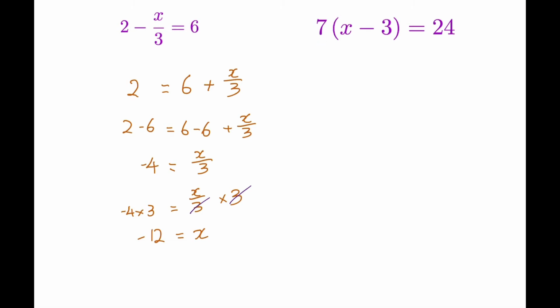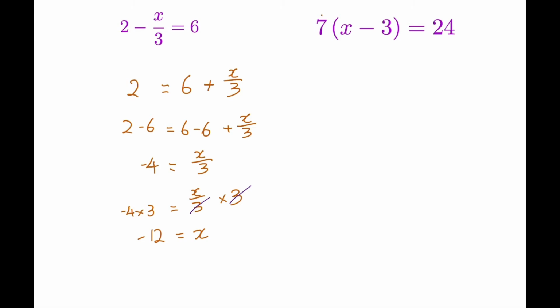How about the question next to it? 7 bracket x minus 3 equals 24. Bracket means it's multiplying. This means 7 multiplies by this whole thing, x minus 3. So our first step for this will be expanding. Expanding means to eliminate the brackets.